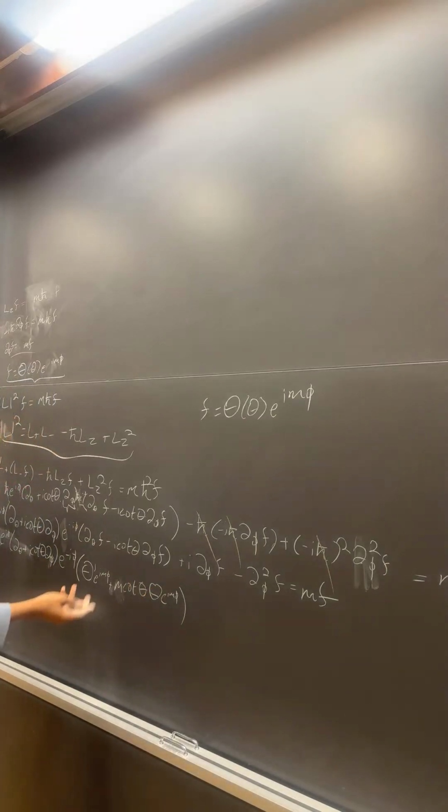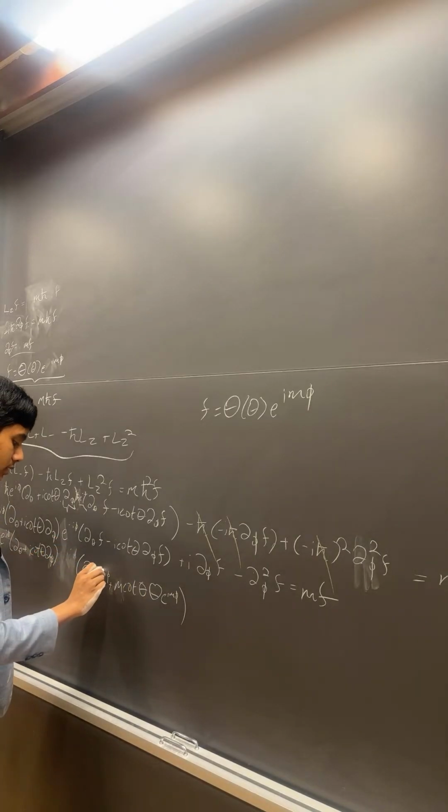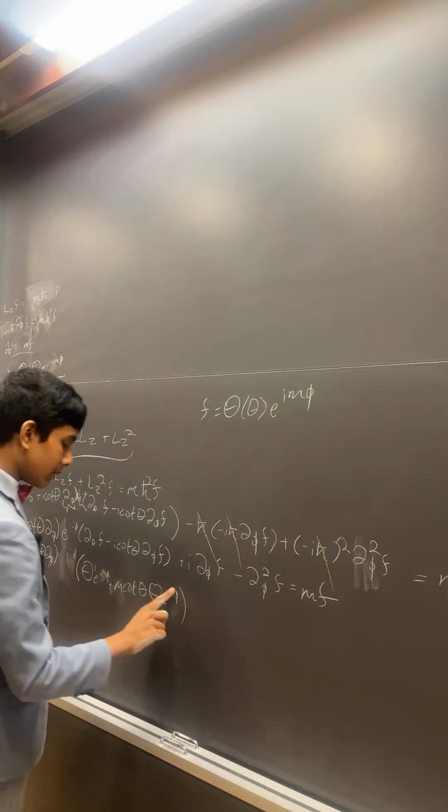Now we can distribute this guy in here, which gives us minus 1 and minus 1 here, and minus 1 there.